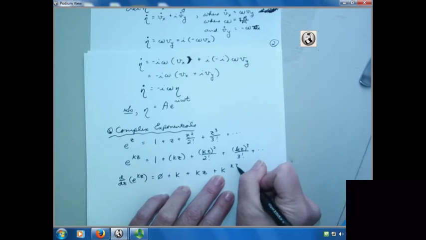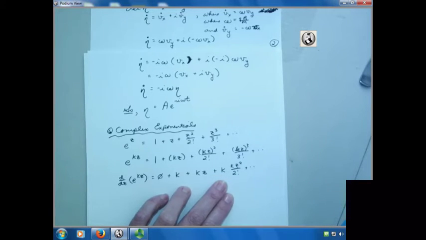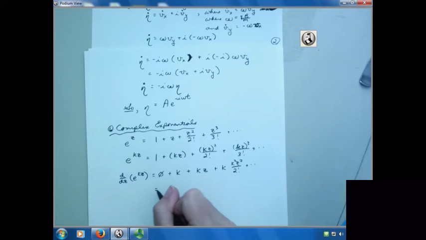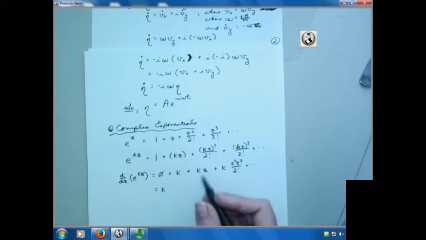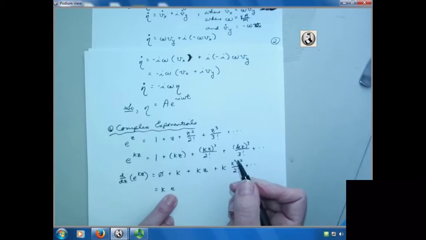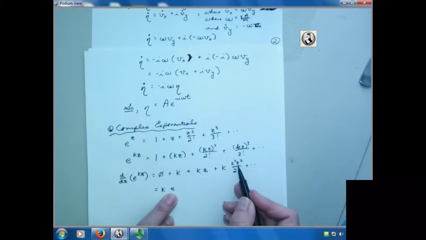The 3's will cancel. I get z squared over 2 factorial, plus so on. Okay, so hopefully you see now that this is just equal to k times e to the kz.